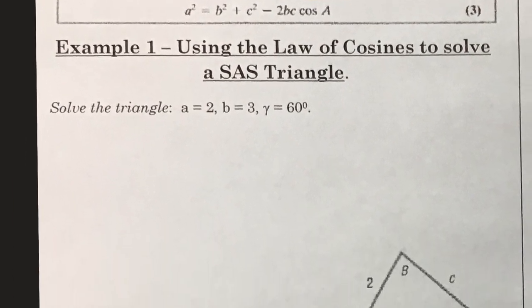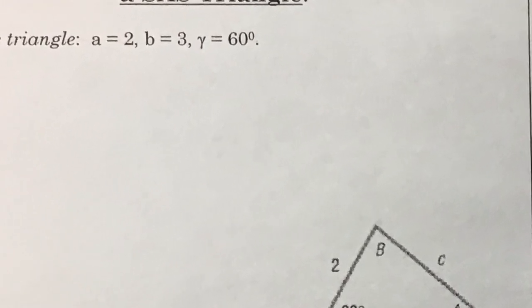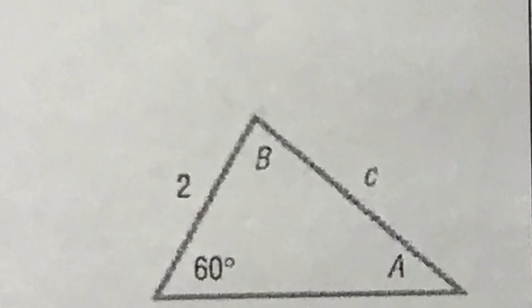So if this is our first problem, look at what we have. Here is little a. This is little side A because it's across from angle A, and the angles are always across from their sides. That means 3 is little side B because it's across from its opposite angle.